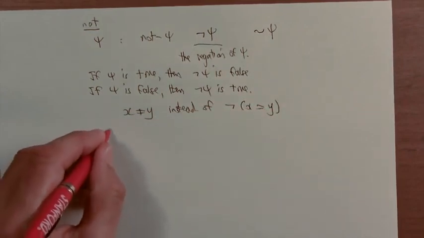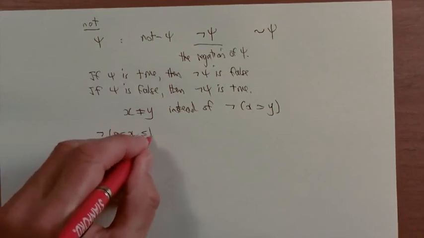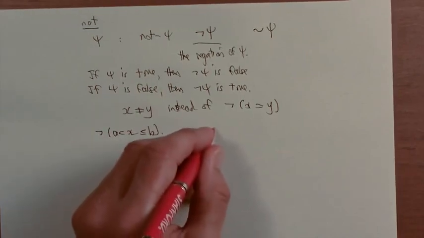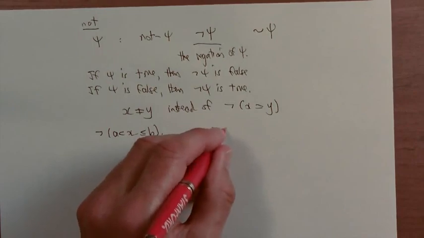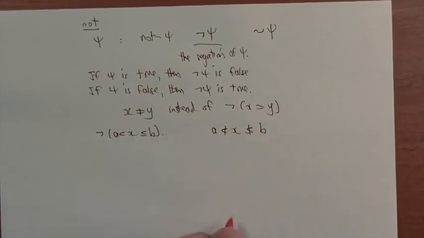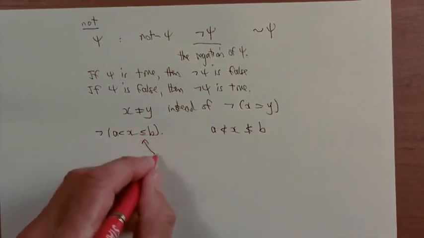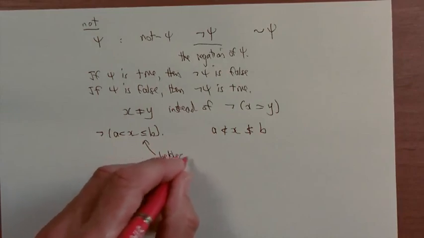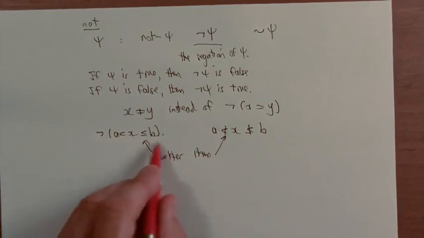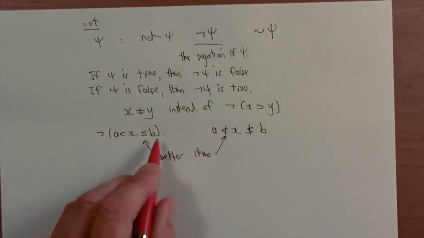For example, I would write not the case A less than X less than or equal to B. You might be tempted to write something like A not less than X not less than or equal to B. I would advise against that. That one is better than this one. This one is completely unambiguous. It means that it's not the case that X is between A and B in that fashion.